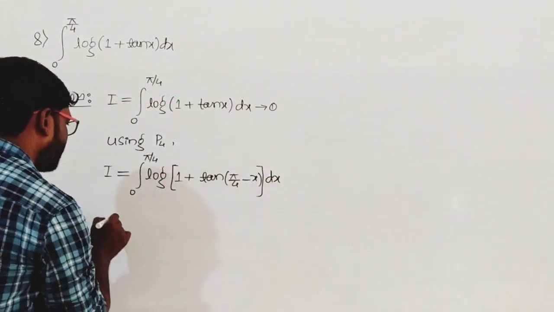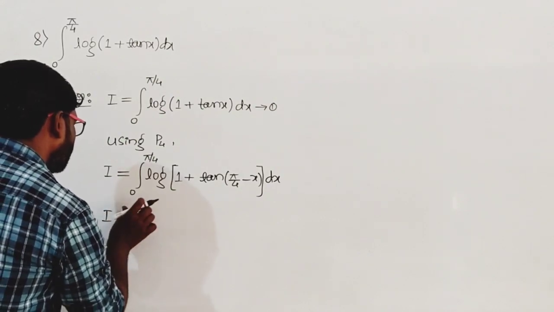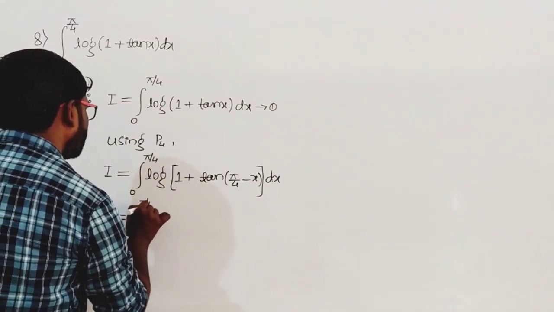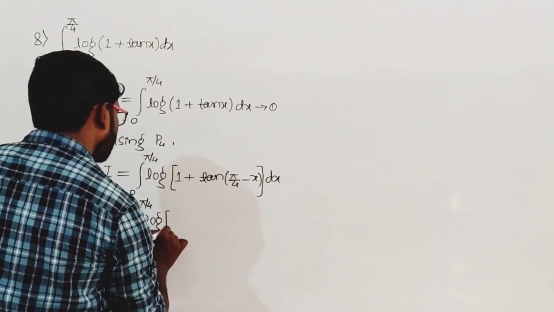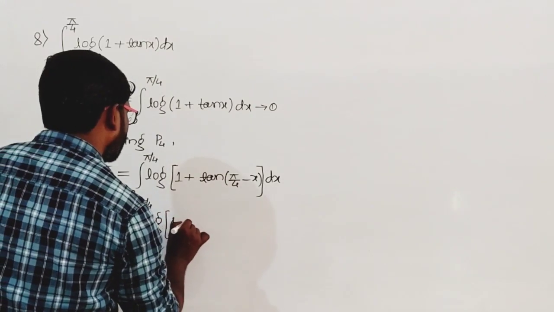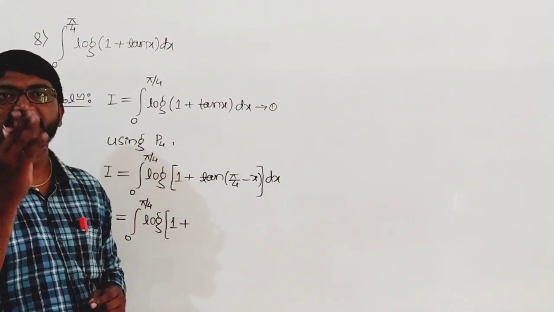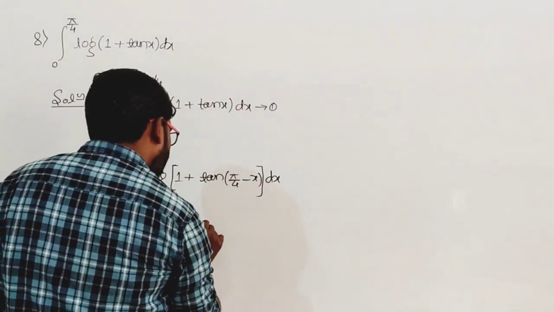So now I is equal to integral 0 to pi by 4, then log 1 plus, this is in the form of tan of (a minus b). It is tan a minus tan b divided by 1 plus tan a into tan b.